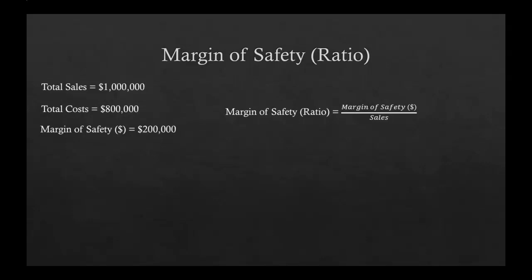So if we take 200,000 and divide it by our sales amount of 1 million, we're given a margin of safety ratio of 20%. So that's how we find our margin of safety in dollars and our margin of safety ratio.